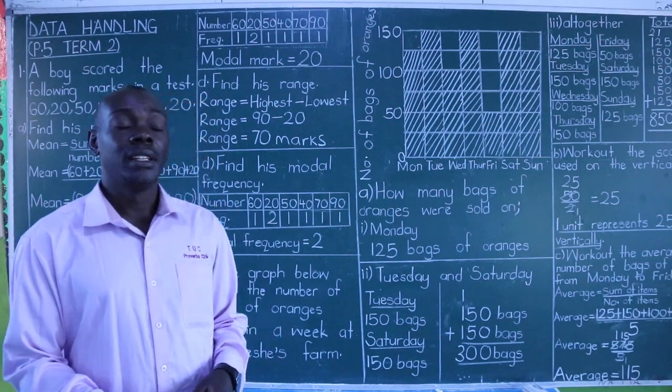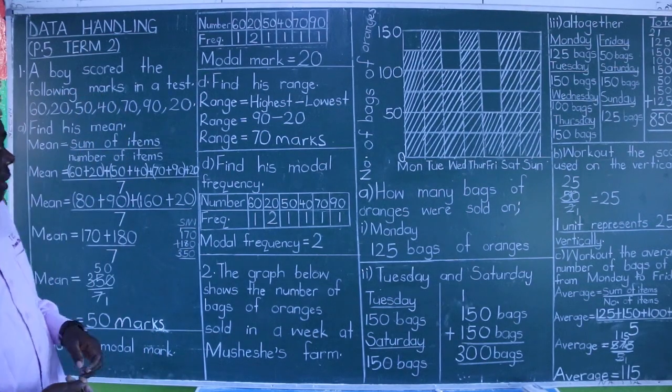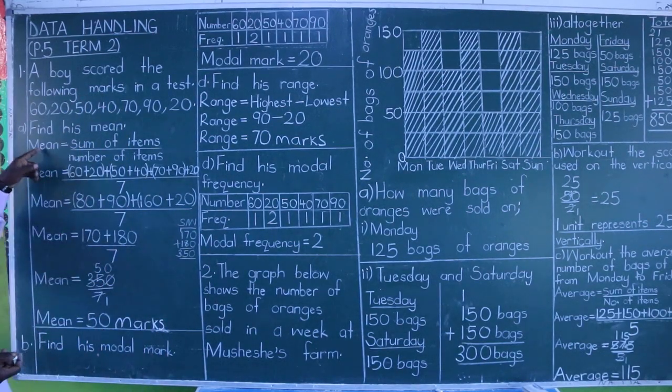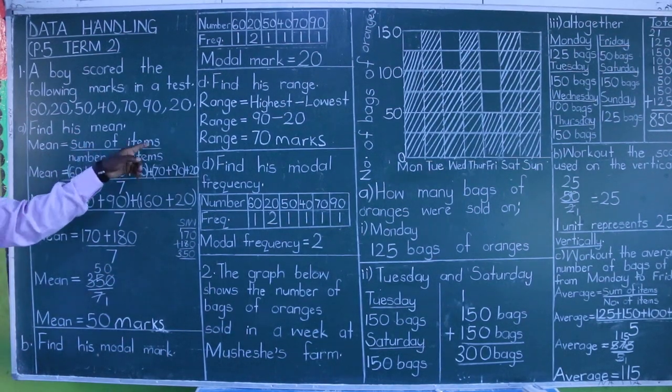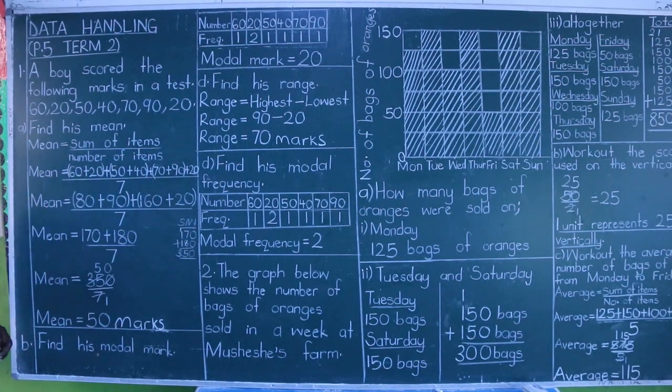So mean equals sum of items divided by number of items. We start by stating the formula.